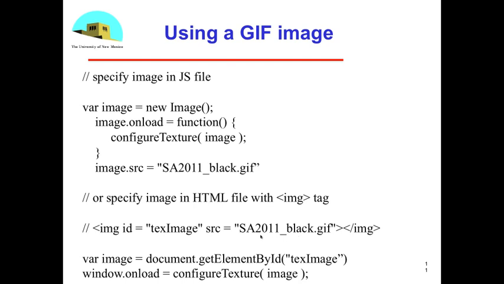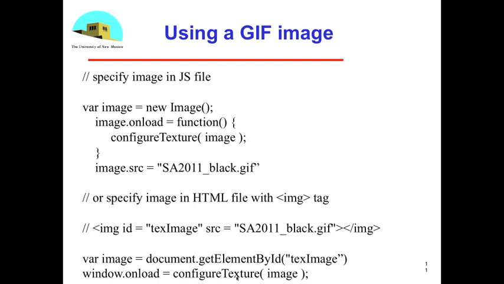It's an image we used for a SIGGRAPH conference. Use that tag, refer to that ID back in the JavaScript file, and say that the image uses getElementById from the texImage, which will now bring you back this image, and then do exactly the same thing. Configure the texture and set its parameters up as we'll be seeing.